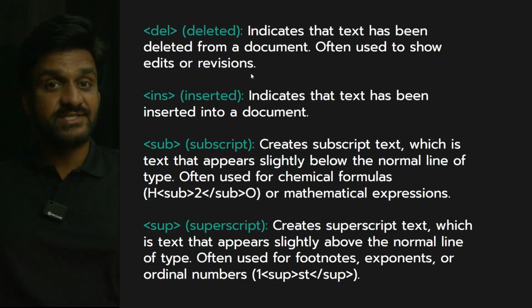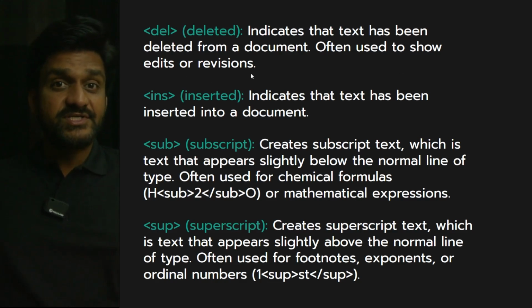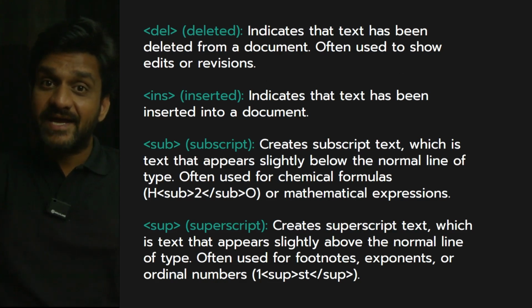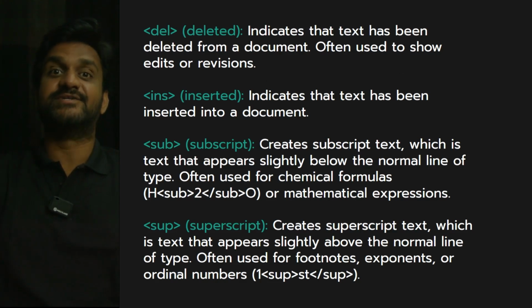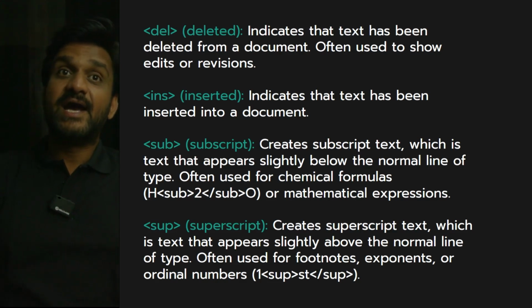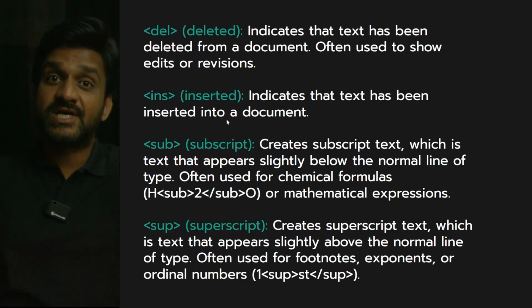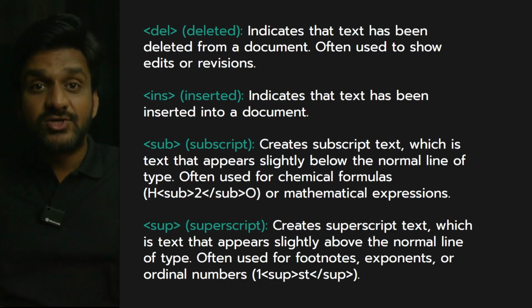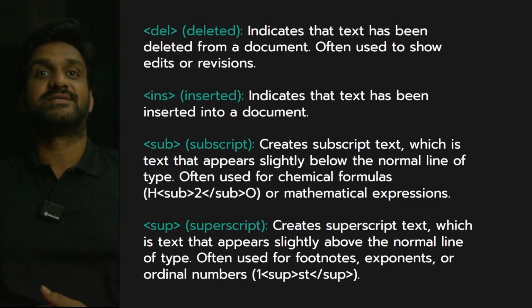So whenever the text is edited or any revision is made in the previous text, we mark that as an edit, which means that this part of the text is deleted and the next is inserted. For the deleted text, the inserted text is represented by using ins. So that is the use of del and ins.